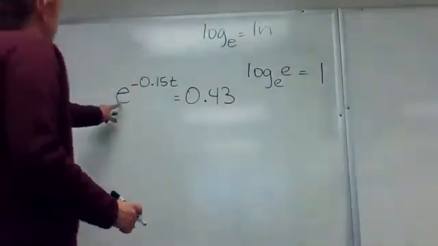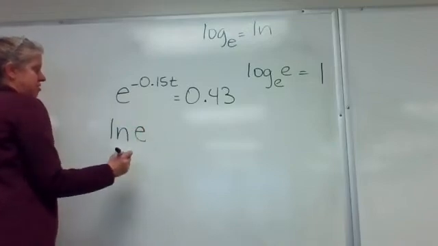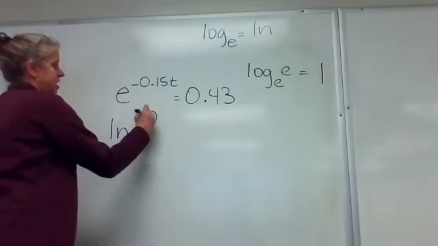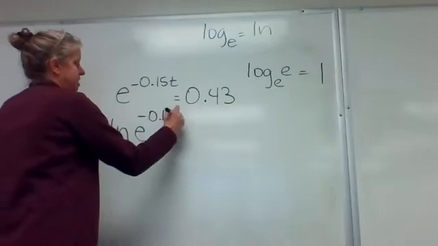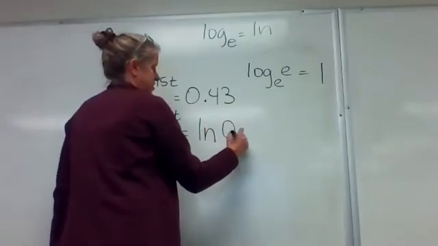All right, so again, since I'm dealing with E, I'm going to ln both sides to get the exponent down. So ln of E to the negative 0.15t. Since I ln that side, I have to ln the other side.